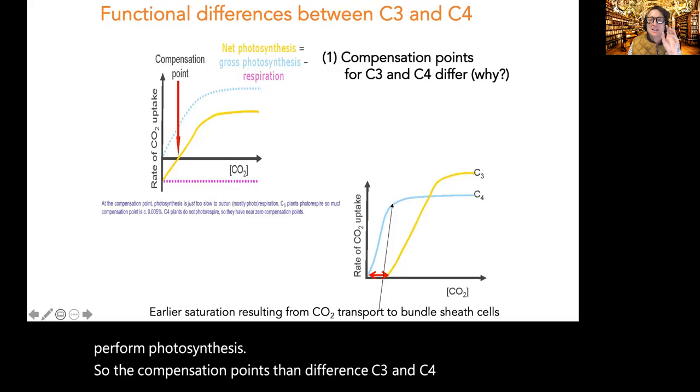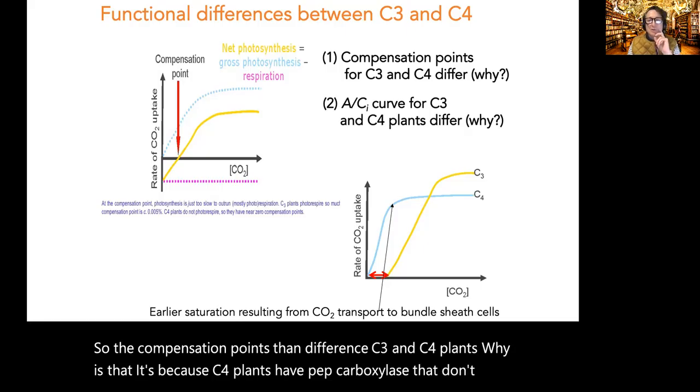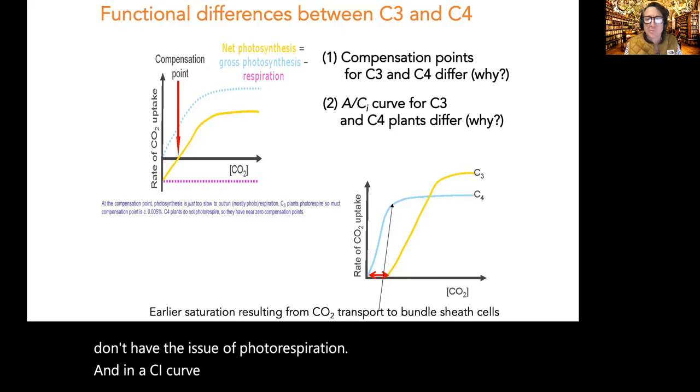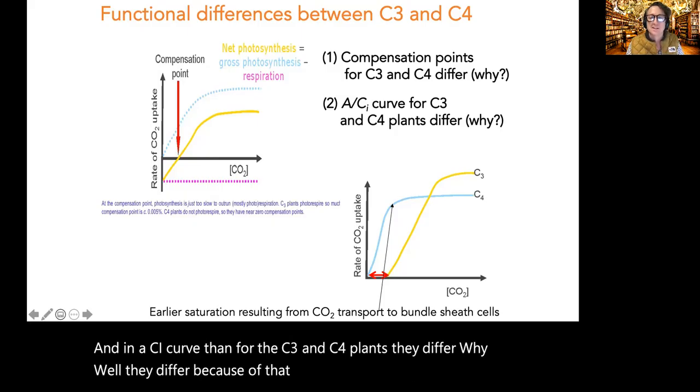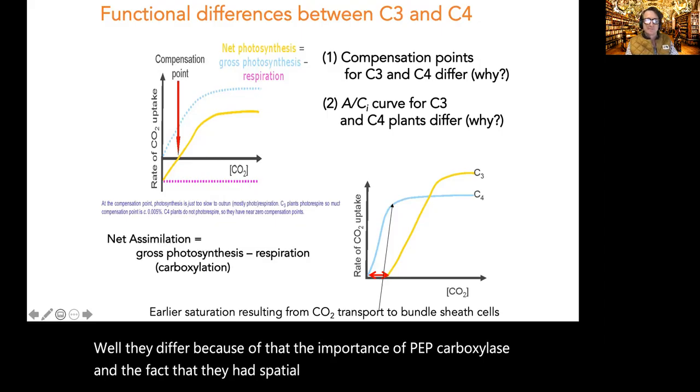Why is that? It's because C4 plants have PEP carboxylase and don't have the issue of photorespiration. And the A/Ci curves for C3 and C4 plants differ because of the importance of PEP carboxylase and the spatial separation of their biochemistry.